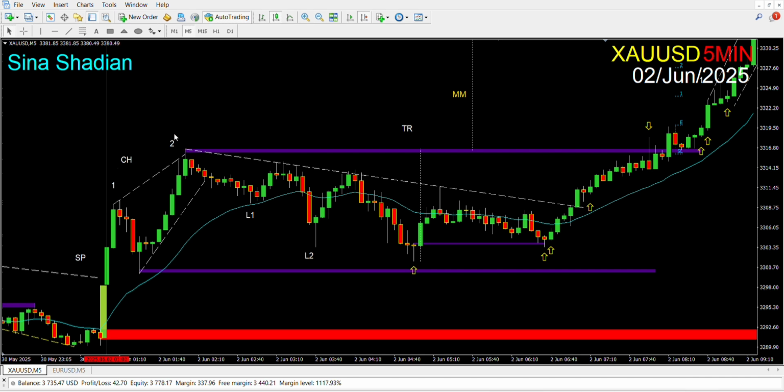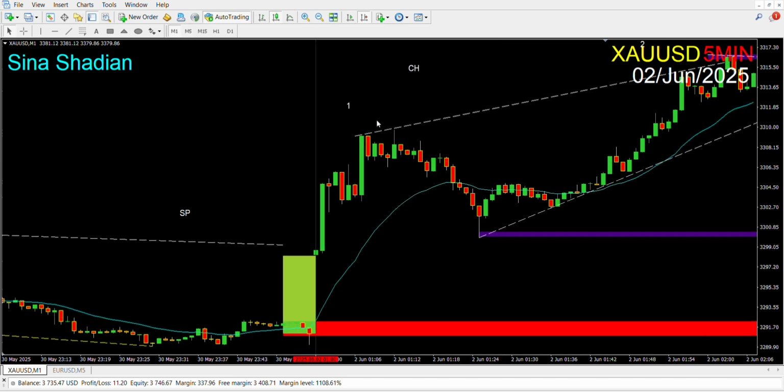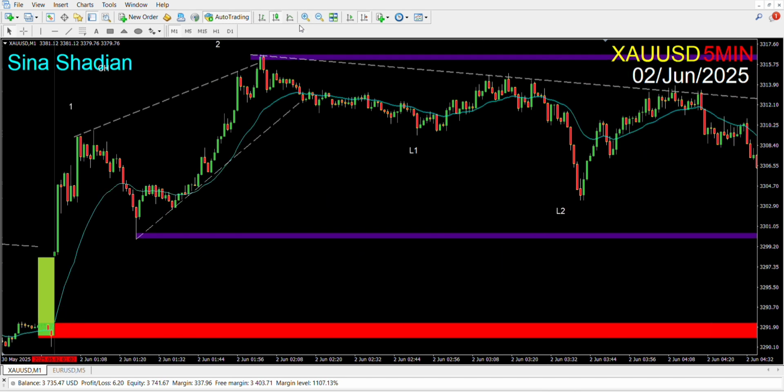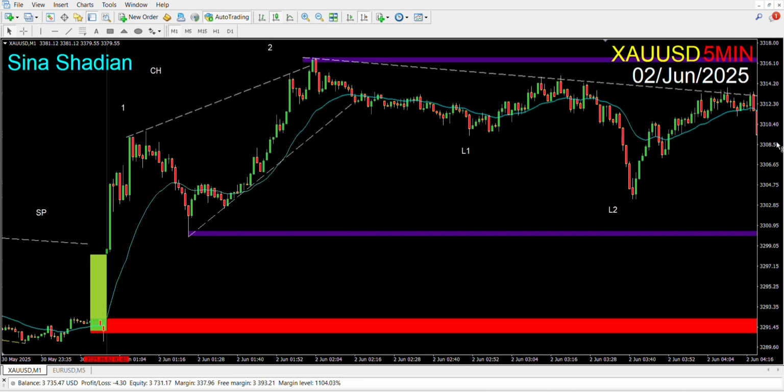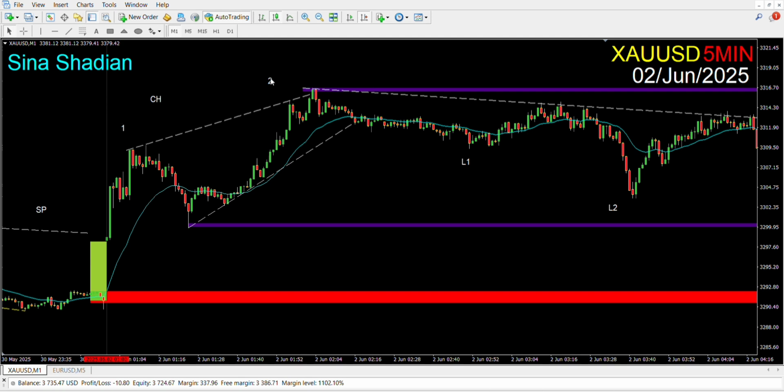The channel here had only two touches, but in the lower time frame, which is the 1-minute time frame, market clearly is in 3 touches of the channel: 1, 2, and the third one overshoots the trend channel line and then enters into the trading range.